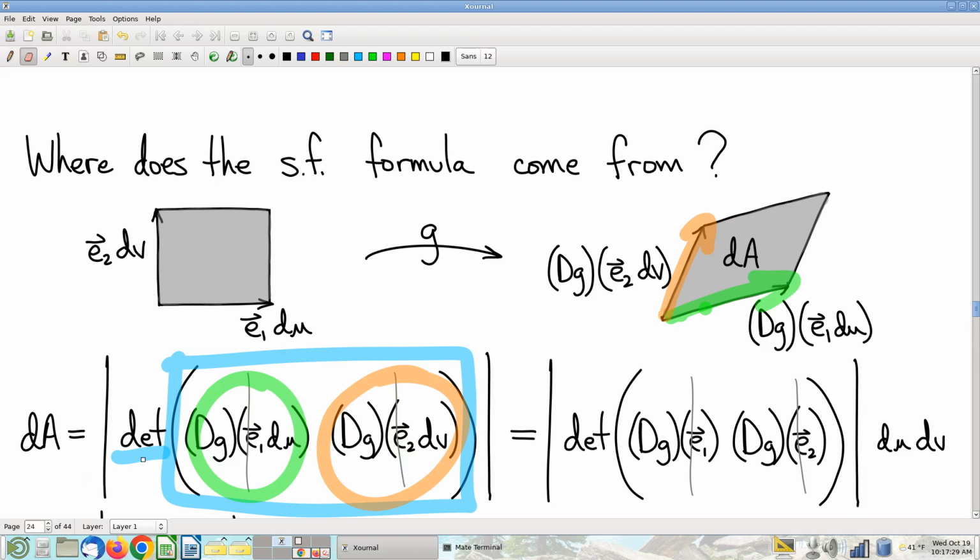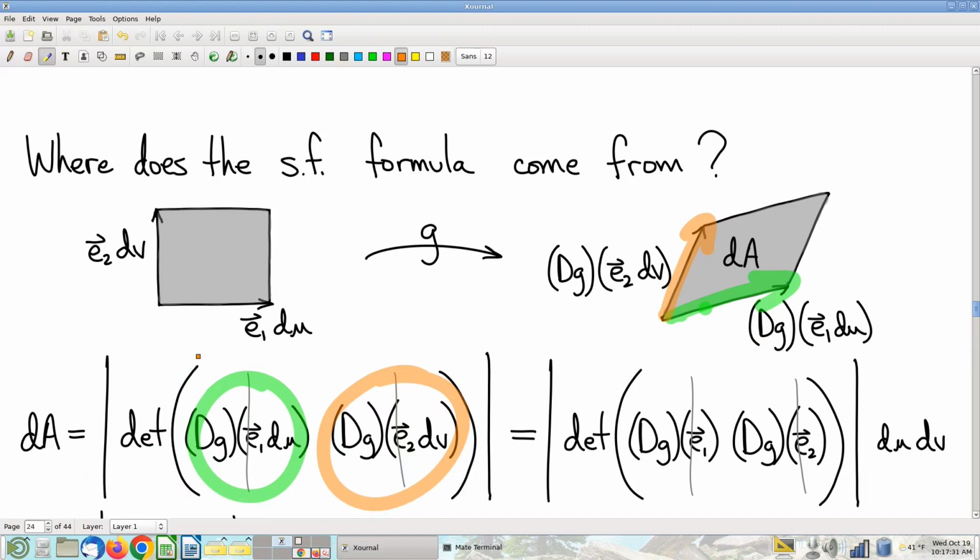Okay, now let's talk about where these defining vectors come from. I'm going to start with the first one here. This first defining vector for that parallelogram, well, keep in mind where it came from. This whole thing is the image of this whole thing, right?